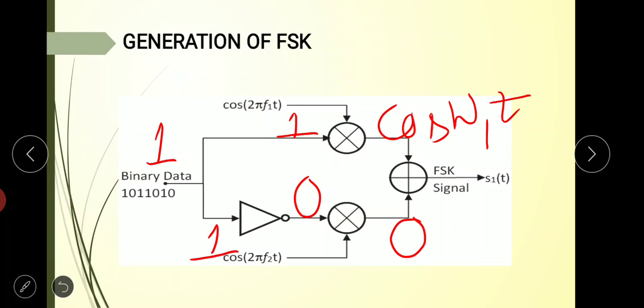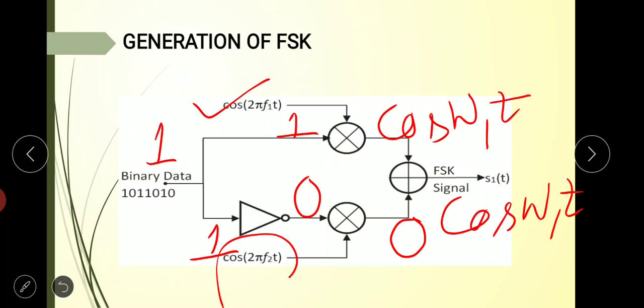We know that omega means 2 pi f, so here I write omega 1t. So at the output we get cos omega 1t, since anything added with 0 gives the same thing at the output. So cos omega 1t is the high frequency, as we assumed earlier that this one is the high frequency and this one is the low frequency. Like this the generation process works.